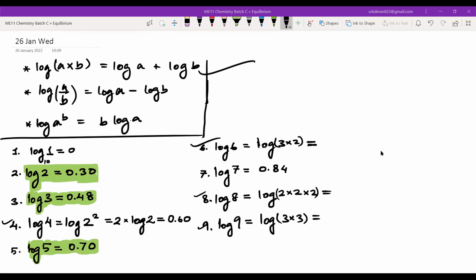No, first of all, you have to expand this.